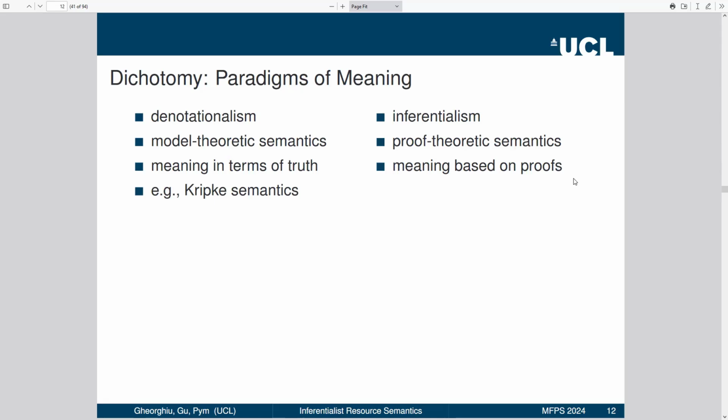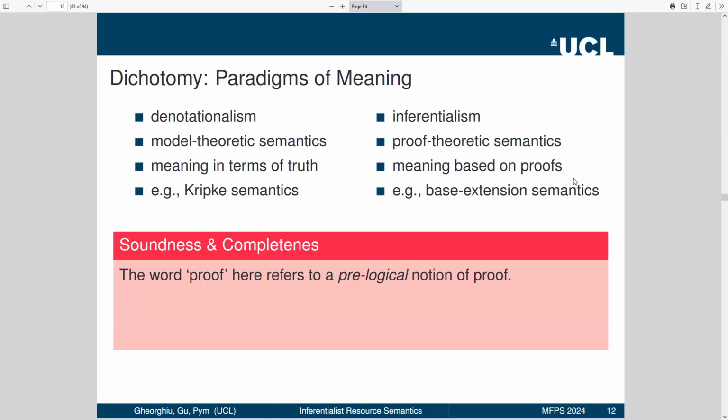An example of a model-theoretic semantics is Kripke semantics for various logics. In this case, we're going to talk about base extensions. There are other accounts of proof-theoretic semantics, but this is the one that's interesting to us now. Again, the word proof here can be a bit misleading. It doesn't mean fix your favorite proof system. It's really a pre-logical version of proof.